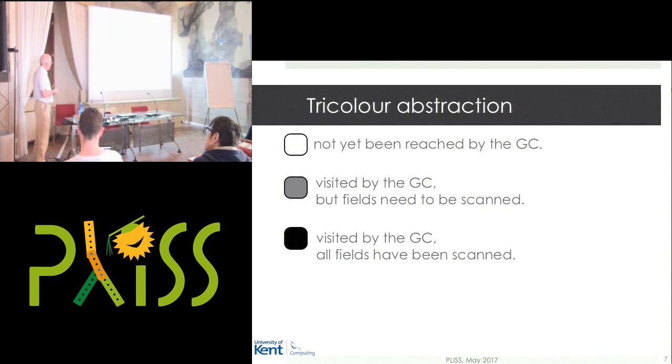Black objects, on the other hand, have been visited by the collector. All their fields have been scanned, and we know that we're finished with them. So when we finish doing a garbage collection, what can we say about colours of objects in the heap? There are no grey objects left.